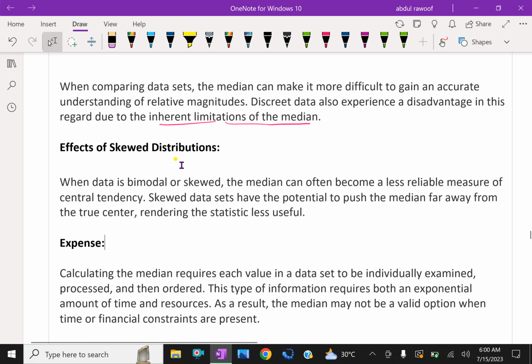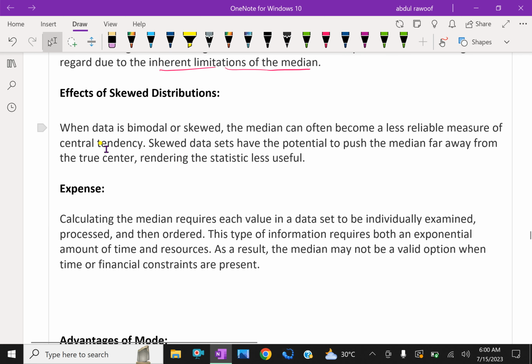Effect of skewed distribution. When data is bimodal or skewed, the median can often become a less reliable measure of central tendency. Skewed data sets have the potential to push the median far away from the true center, rendering the statistic less useful.